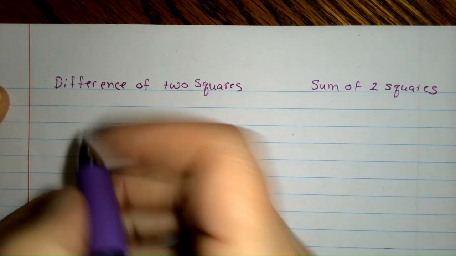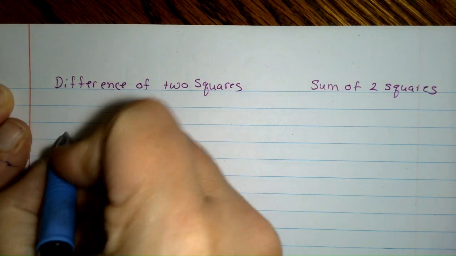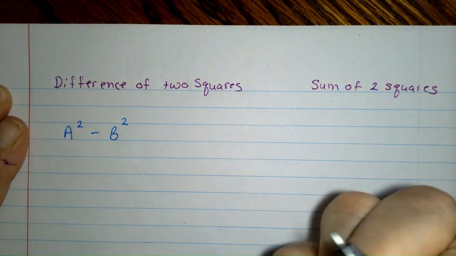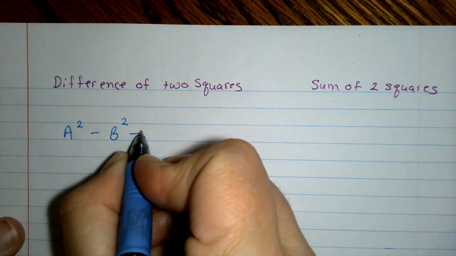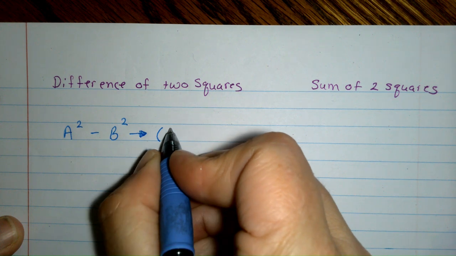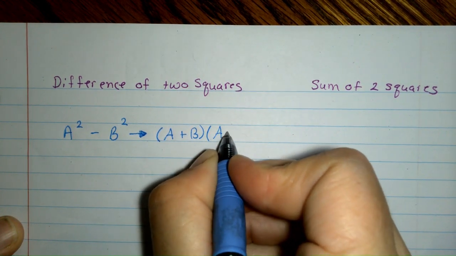Anytime you're given the difference of two squares, a squared minus b squared, it's going to factor into a special pattern that we actually just did, of a plus b, a minus b.